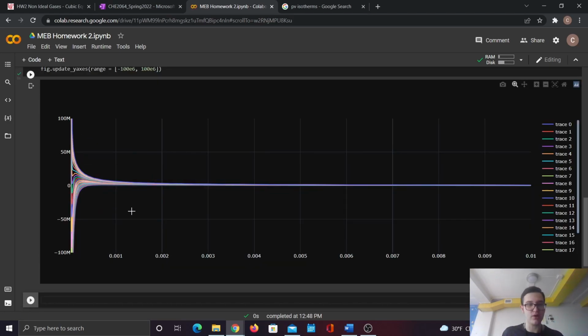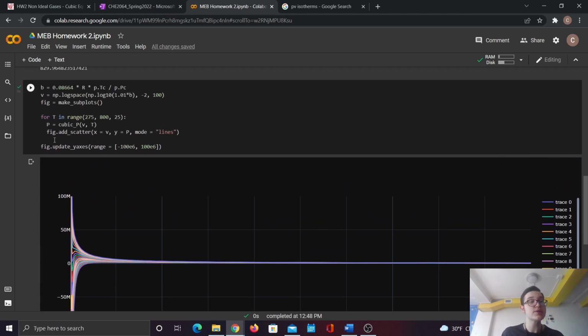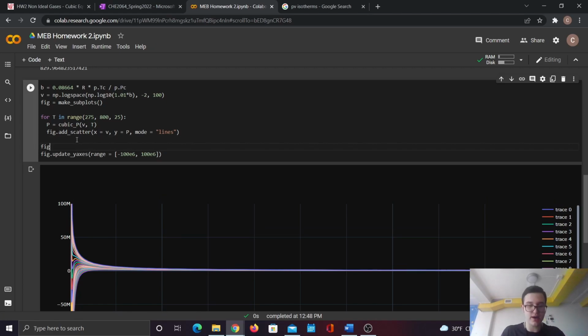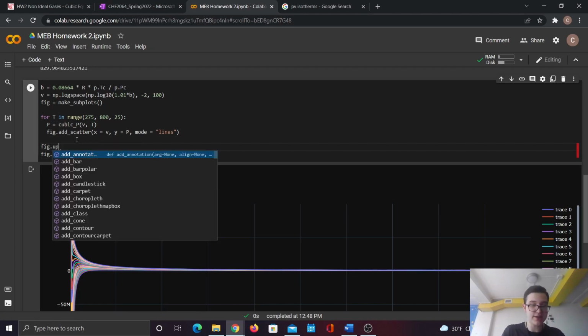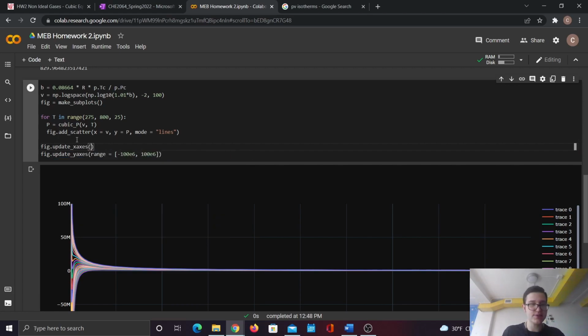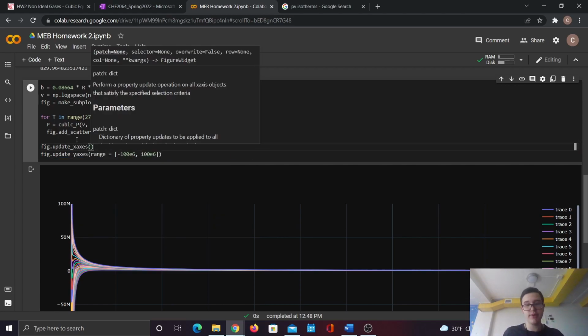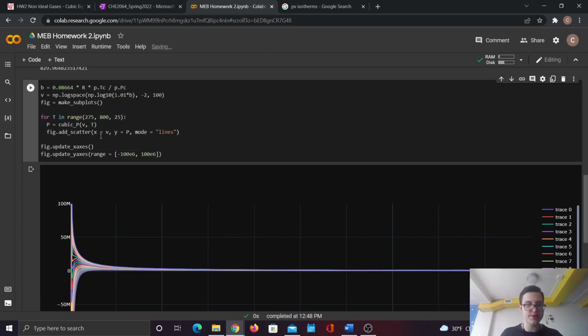That looks much better, although this value here, this x-axis still looks a little bit off, but this spread looks much better. So next we're going to update the x-axis in a similar way that we updated the y-axis, except instead of a range, we're going to be updating it to, is it mode or type?